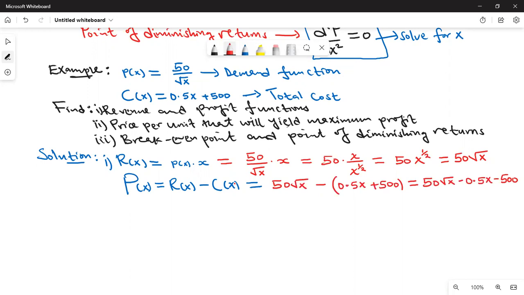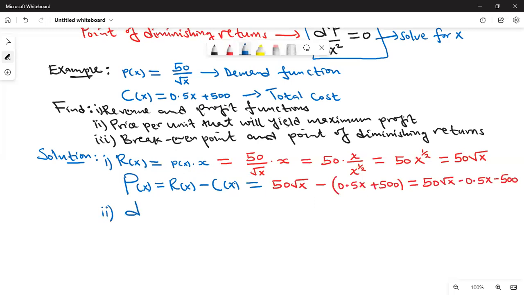Now, that is the first part. Second part, we need to find price per unit that will yield maximum profit. So as long as we are talking of maximizing the profit, we must get the first derivative of the profit function with respect to x.